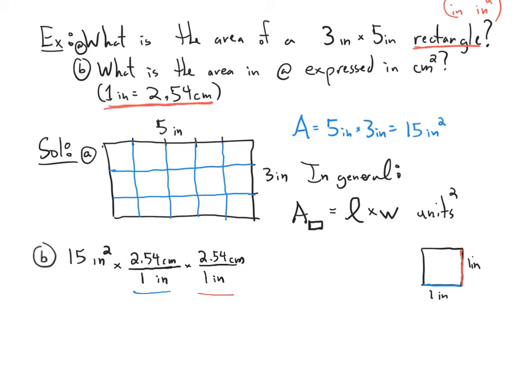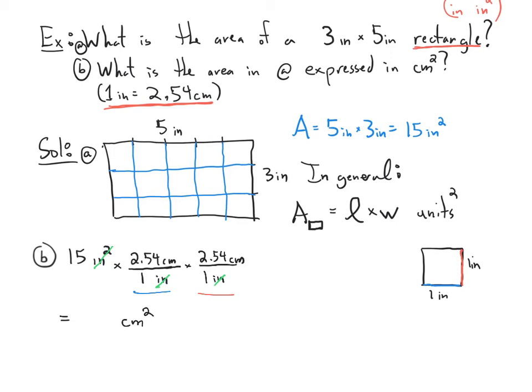And we just have to do a little bit of multiplication here. So our units all line up. We can see that we have inch and inch in our denominator here, which cancel off with both inches, inch squared, in our numerator, and we're left with centimeter times centimeter, which is centimeter squared.